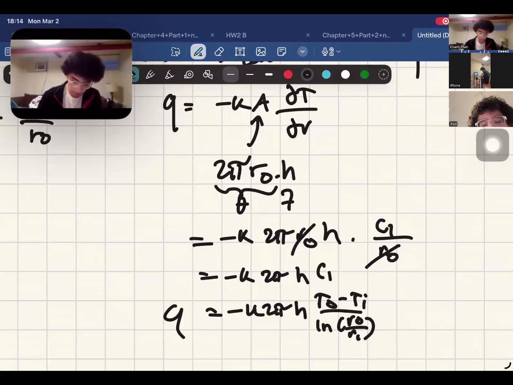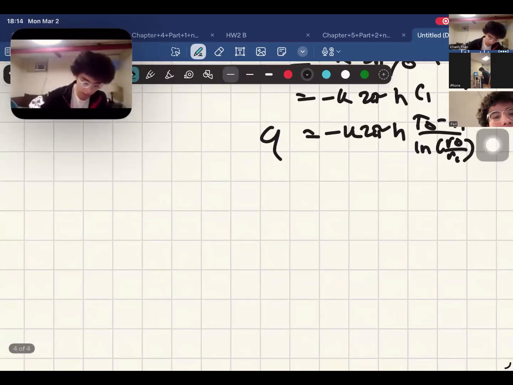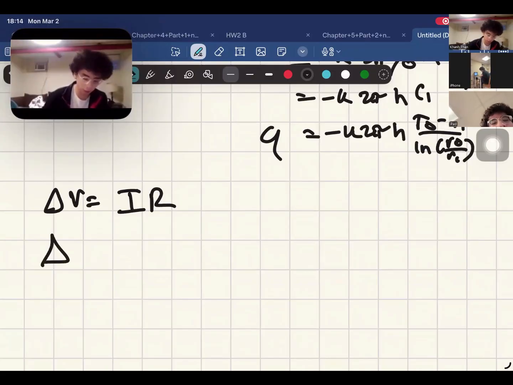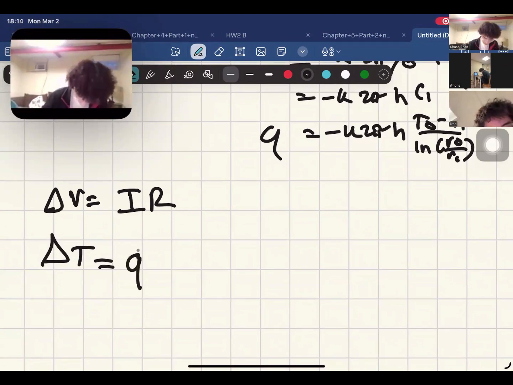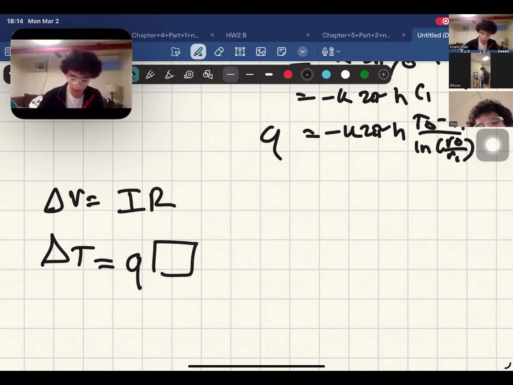So that's Q. So now how do we compare it by analogy to the circuit resistance? So we know that in a circuit, delta V is equal to I R, and then for thermal equivalence, we have delta temperature, the driving force, equal to Q, the flow or the current, times the resistance.